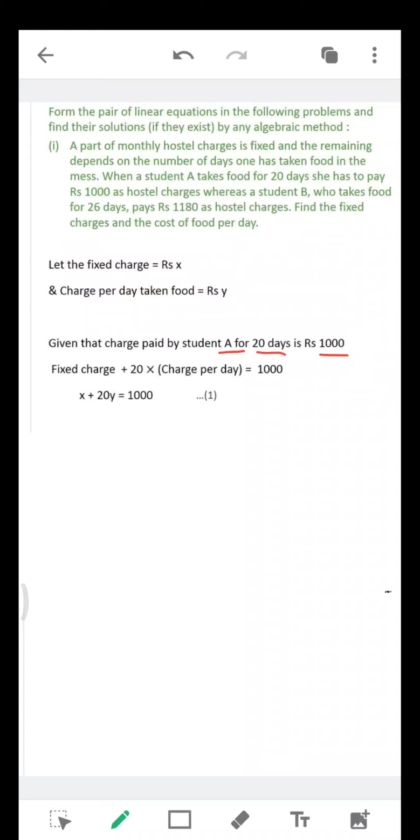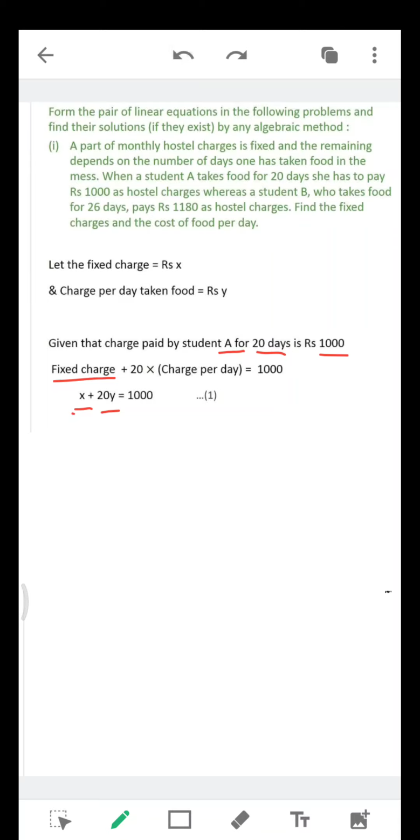So the student has to pay the fixed charge, that is x, plus 20 days charge for food, 20 into y. We don't know the fixed charge and the extra charge per day for food, they are unknown. So x plus 20y.